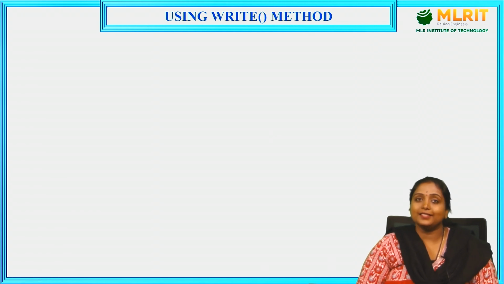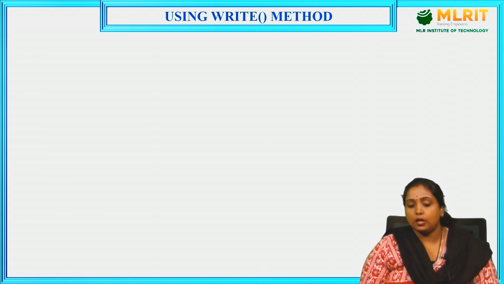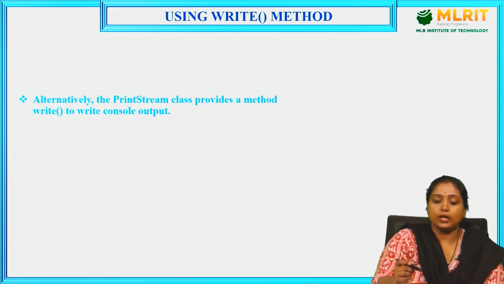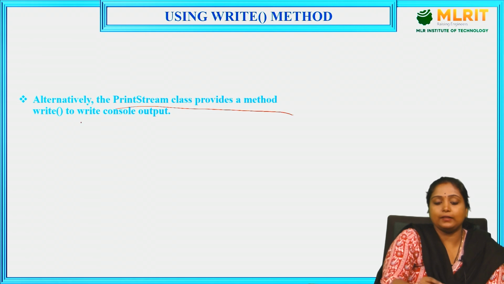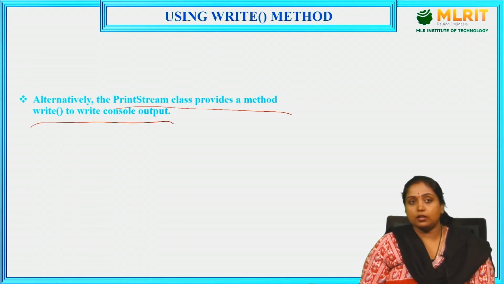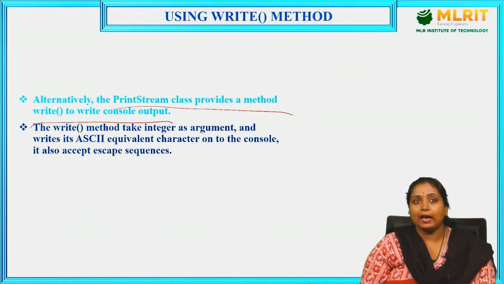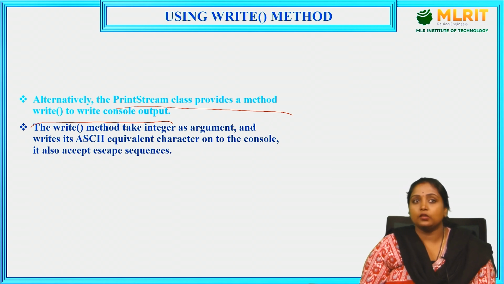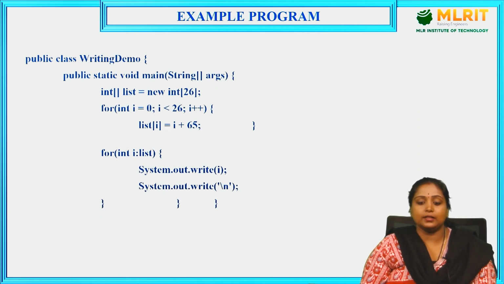The second method is the write method. Using the write method, you can print output on the screen. The PrintStream class provides a write method to write to the console screen, and the write method takes an integer as an argument and writes its equivalent character to the console screen. It also accepts escape sequences. So here is an example program.